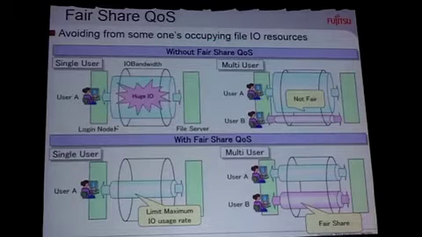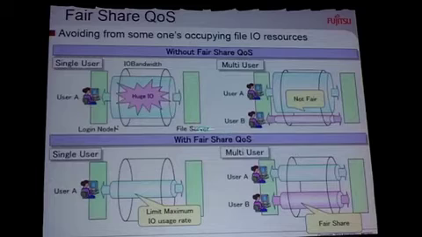Without Fair Share QoS, in a single user case, user A's processing makes a huge I/O and occupies the I/O bandwidth. But that is okay because it's a single user. But in the multi-user case, user A does a huge I/O, and user B's is very, very small, but the I/O response is slow. That's not fair.